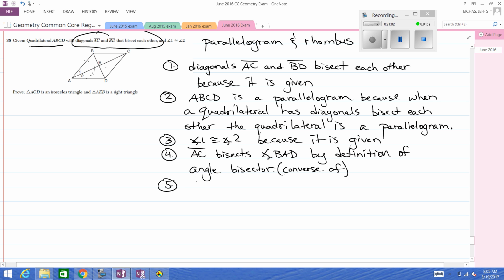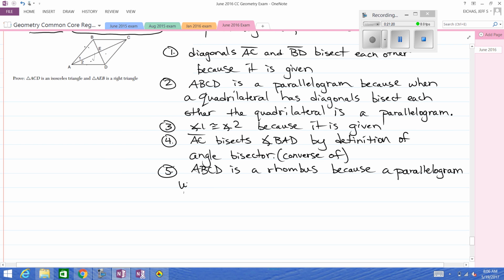Okay, now ABCD upgrades up to a rhombus, because a parallelogram whose diagonal bisects an angle must be a rhombus.